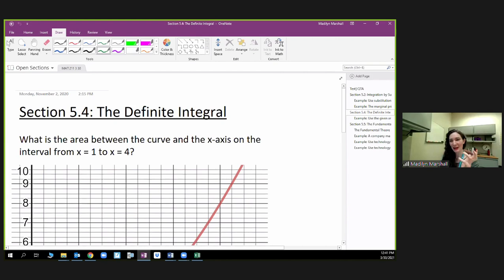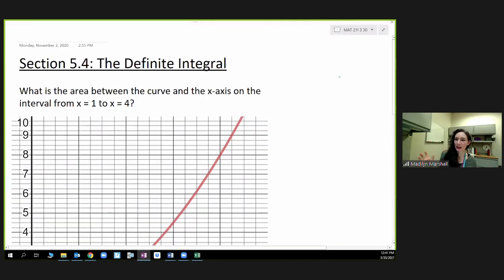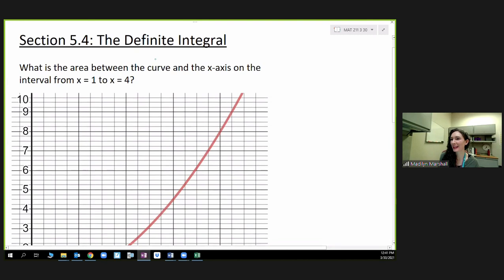Not because it's not important, it's just not specifically part of what we have to do for business calculus. So if you didn't like seeing natural logs and e's in the previous problem, you'll probably be happy about skipping 5.3.